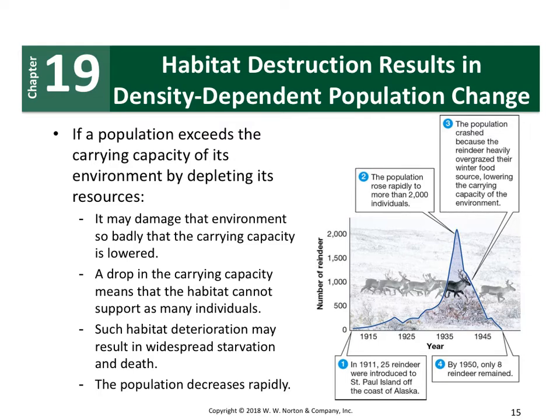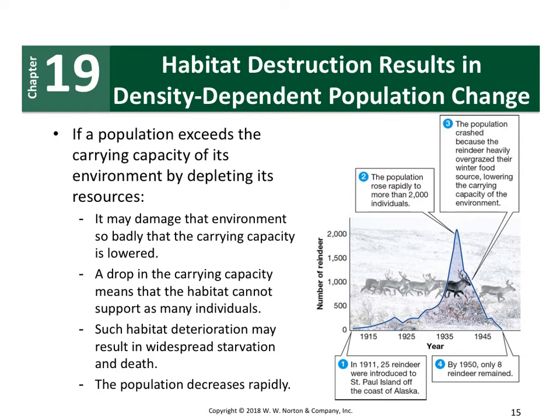reindeer, but the same thing happened with the moose on Isle Royale. So in 1911, 25 reindeer were introduced to St. Paul Island off the coast of Alaska. Okay, so 25 reindeer.